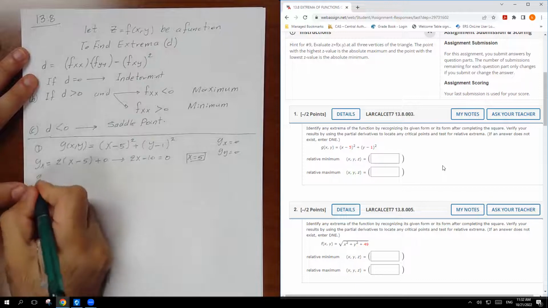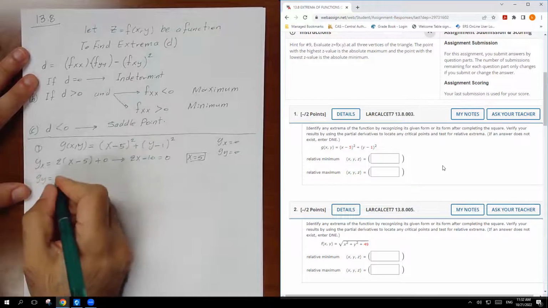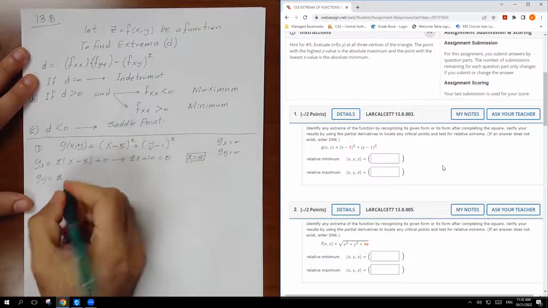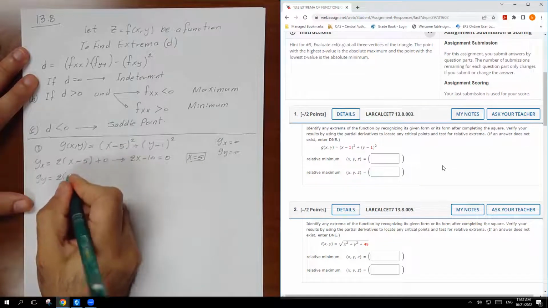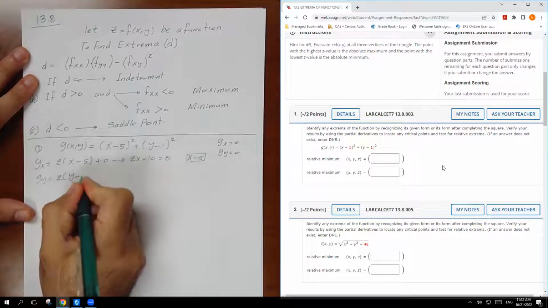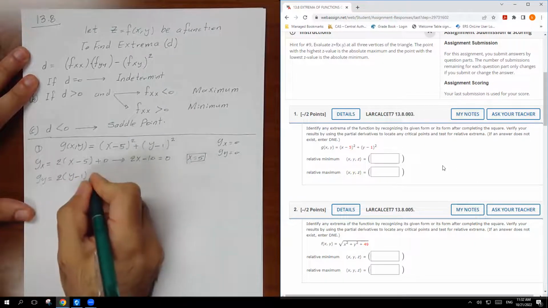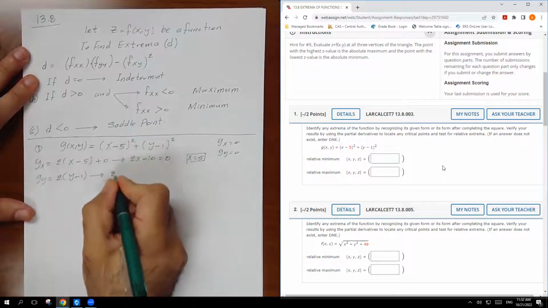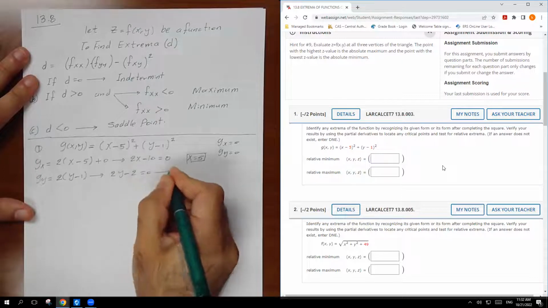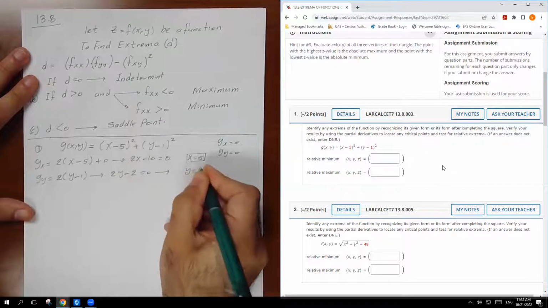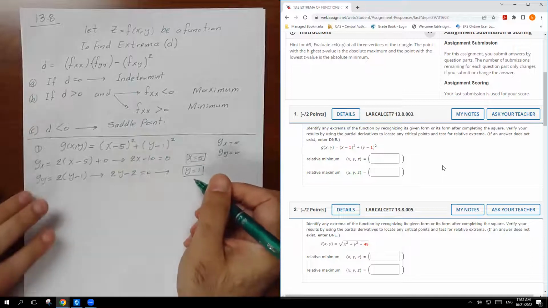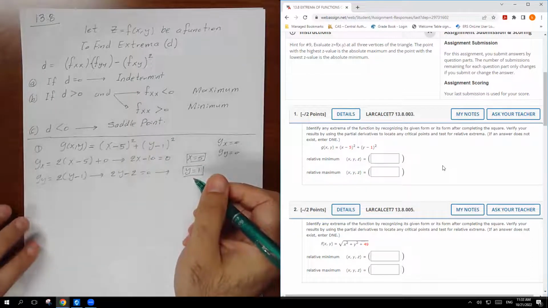Now, g_y, with respect to y, this one is 0, so it's going to be 2y minus 1, and then it's going to be 2y minus 2 equals 0. And that means y is going to be equal to 1. So now I have x and y. These are the critical point numbers.